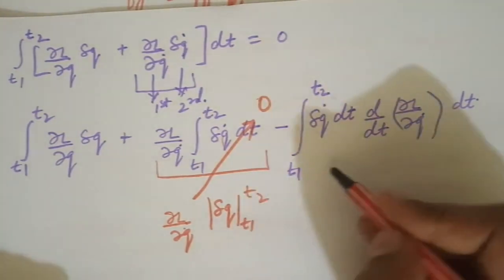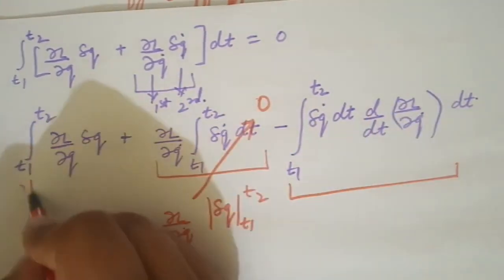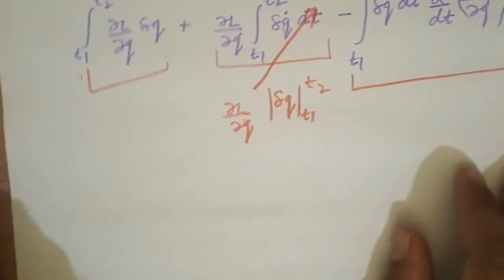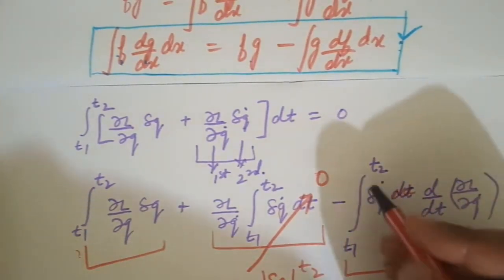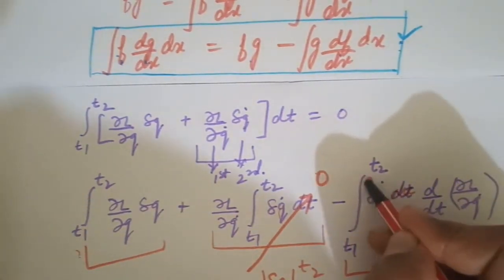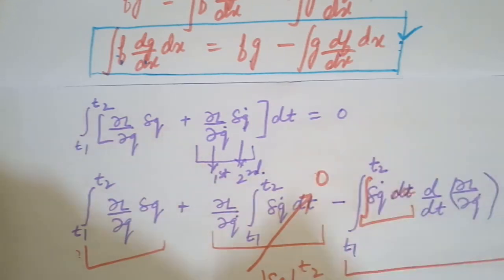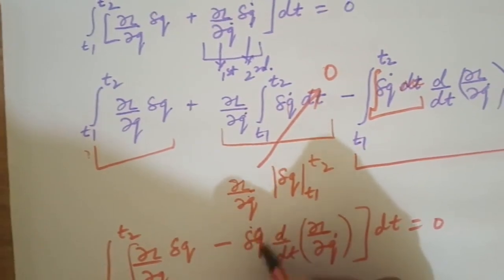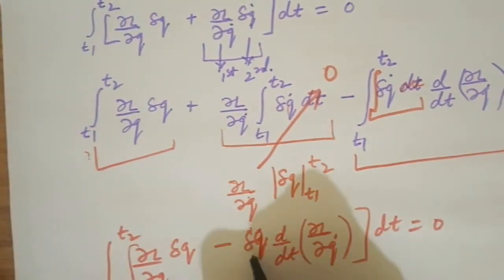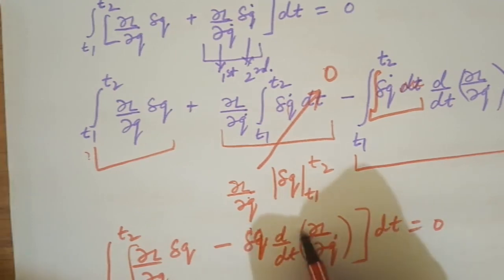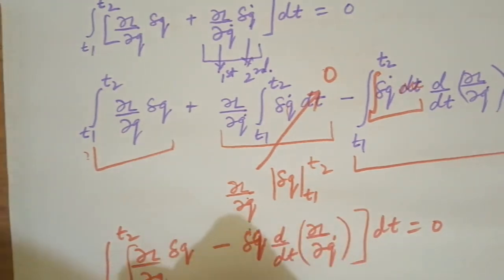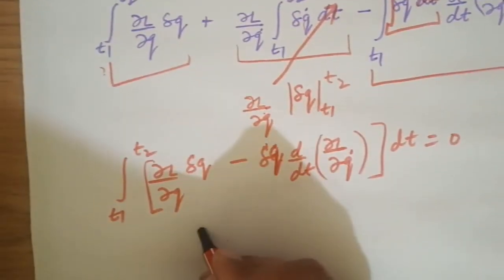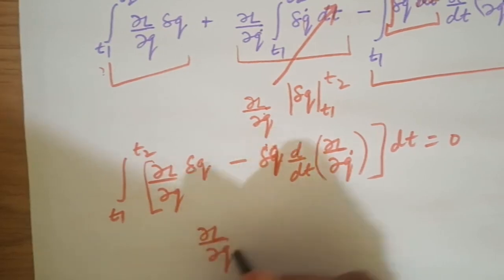So what I'm left with is this term and this term, and this entire thing is equal to 0. Here it should have been the integral of this, and this should have been delta Q only. So delta Q dt in parentheses curly L by curly Q minus d by dt of curly L by curly Q dot. So what I can do here is I can take out the variation of Q outside.